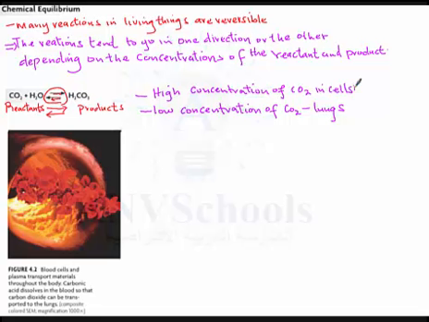As the cells respire, the carbon dioxide will increase, and this will force the reaction to move in this direction, and the carbon dioxide will be converted into carbonic acid. The vice versa will happen here in the lungs, because carbon dioxide will be in low concentration. So the opposite will take place, that is, the reaction goes in the other direction.